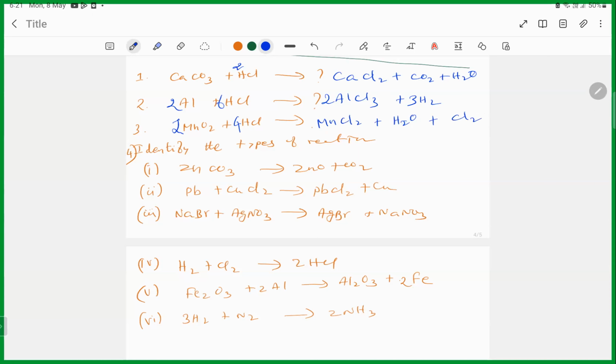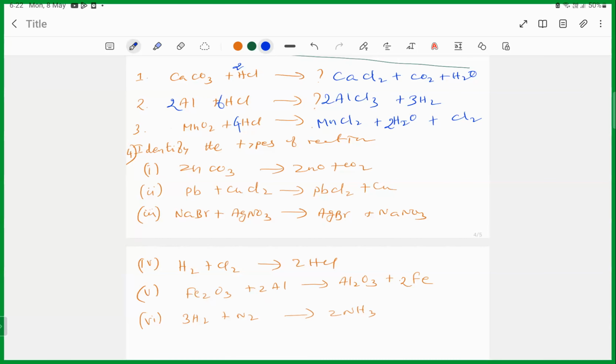Now you balance it. So you have MnO2 plus 4HCl, it gives MnCl2 plus 2H2O plus Cl2. Now it's balanced, right? Correct?